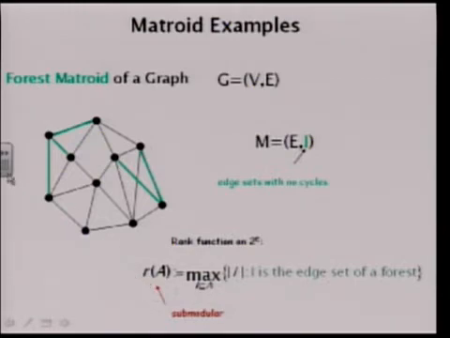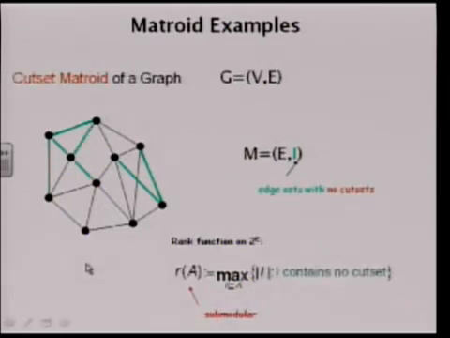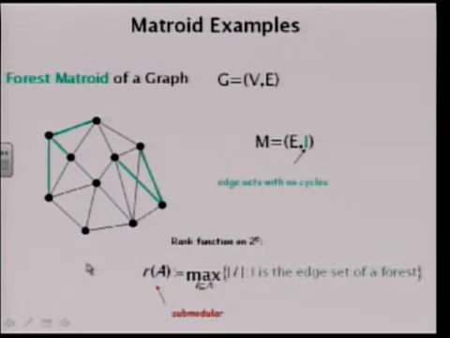Okay, so basically you can say I want to collect all these edge sets that cover this graph, and then I want to find the largest cardinality on this. Here we only consider the forest, only the edges in a forest.